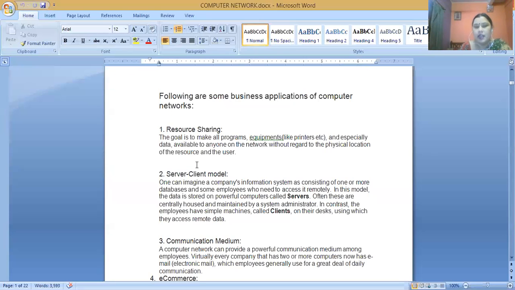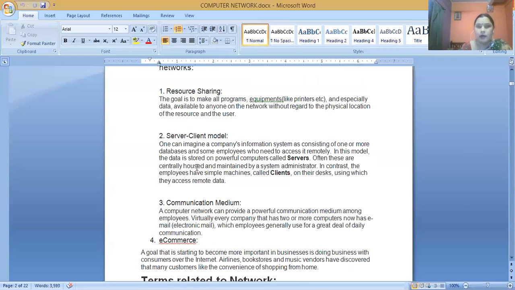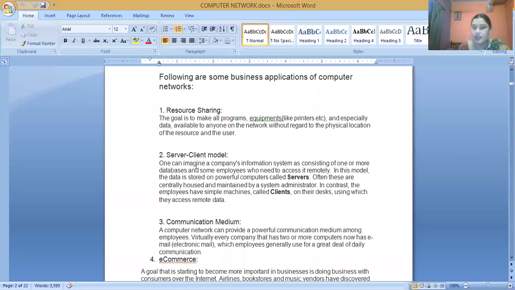Next, we consider what are the business applications of computer networks. Means how the network is beneficial for the business. First of all, in business applications we use e-technology, means electronic technology, means all the transactions can be done by using electronic means.